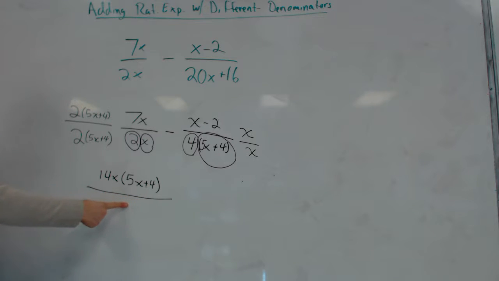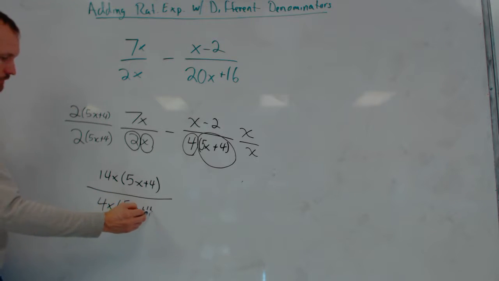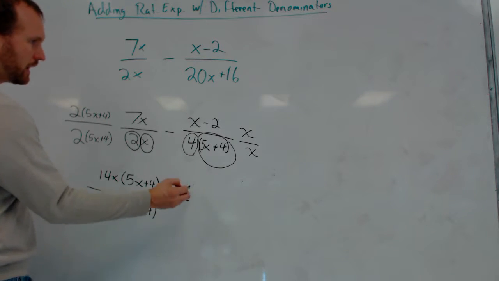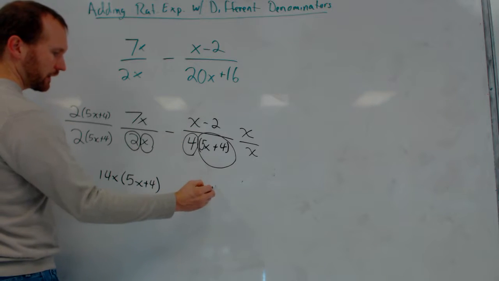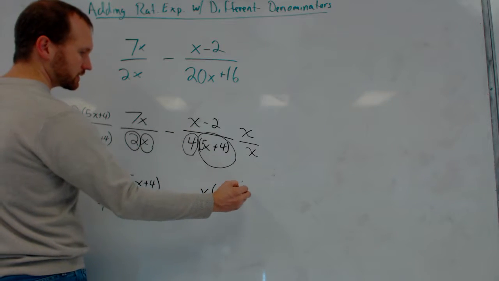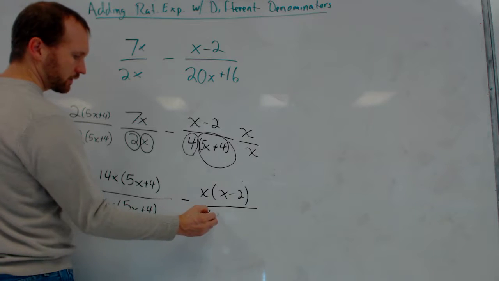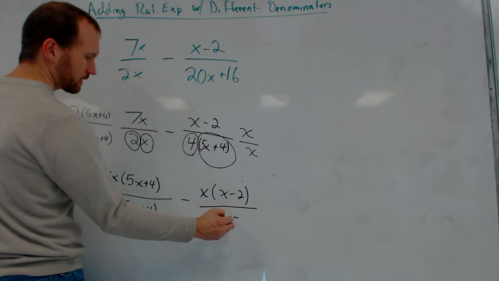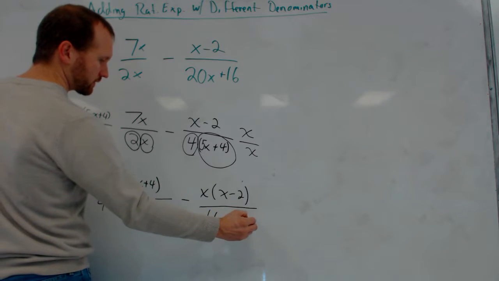Because you'll see the next steps will get kind of long if we write the denominator every single time. For now, I am going to write the denominator, 4x times 5x plus 4, minus, over here we have x times x minus 2 over 4x 5x plus 4.